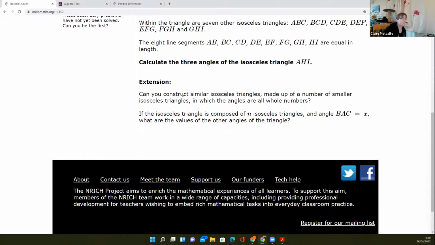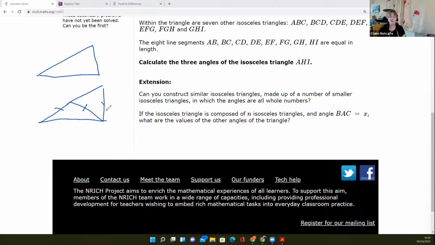So you can start off with just one isosceles triangle. Then you can go to one made out of 2 isosceles triangles. You'll have to excuse my extremely bad drawing. And continue like that, and you should find a pattern. And you should be able to tell which ones will give you nice answers and which ones will not. And we'll leave that as a task to look at later.